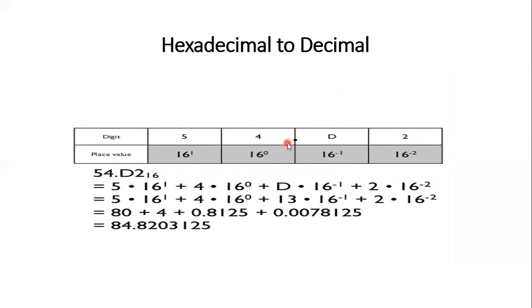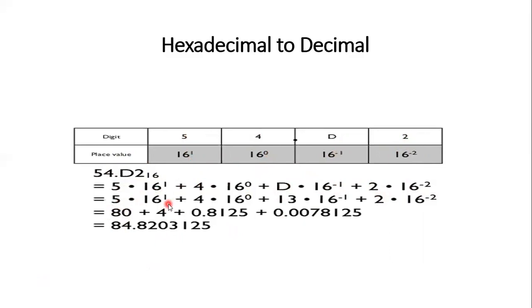So here the point means, 4 is 16 power 0, 5 is 16 power 1, D is 16 power minus 1, 2 is 16 power minus 2. So 5 into 16 power 1 plus 4 into 16 power 0 plus D into 16 power minus 1 plus 2 into 16 power minus 2.